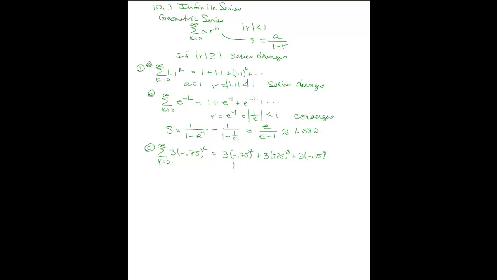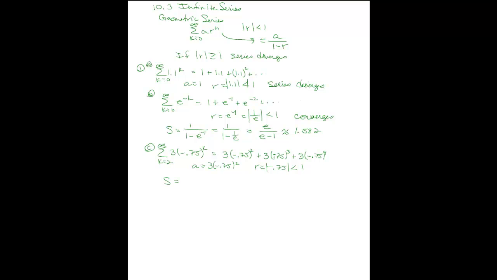So my first term is 3, negative 0.75 to the 2. And then to get to the next term, I would multiply by a negative 0.75. So my r is negative 0.75. If I put bars on that, that is less than 1. So I can do this problem.